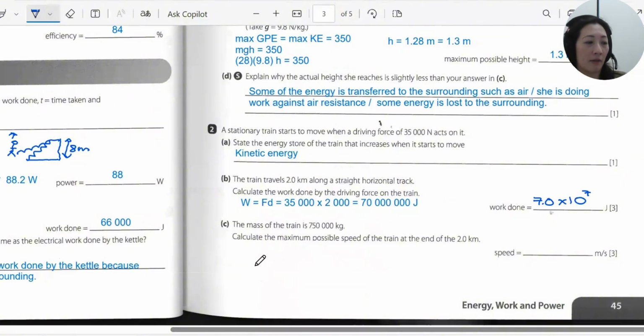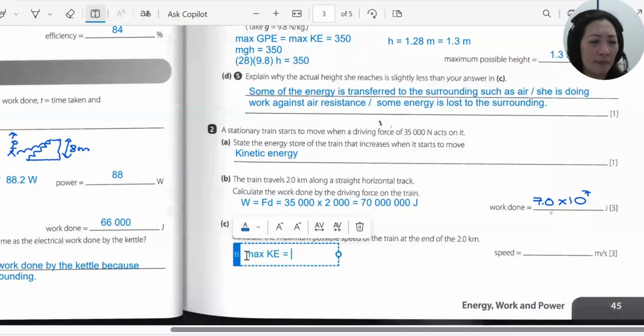Mass of the train is 750,000 kilograms. Calculate the maximum speed. So this is the work done. Let's assume that the work done will be converted into kinetic energy. If all the work was converted into kinetic energy, you can equate the maximum kinetic energy to 70 million joules. So the maximum kinetic energy will be equal to the work done by the driving force, which is 70 million joules.